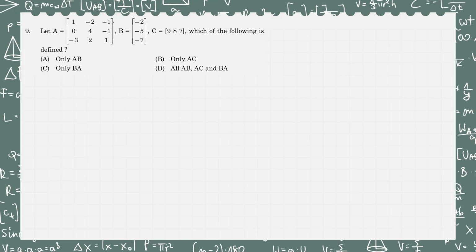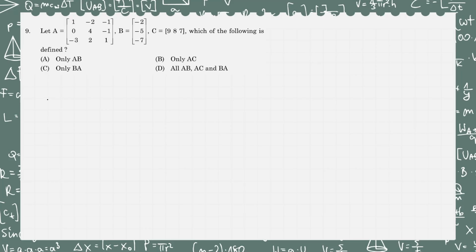Let A equal to 1 minus 2 minus 1, 0 4 minus 1, minus 3 2 1, and B equal to minus 2 minus 5 minus 7, and the matrix C equal to 9 8 7. Which of the following are defined?